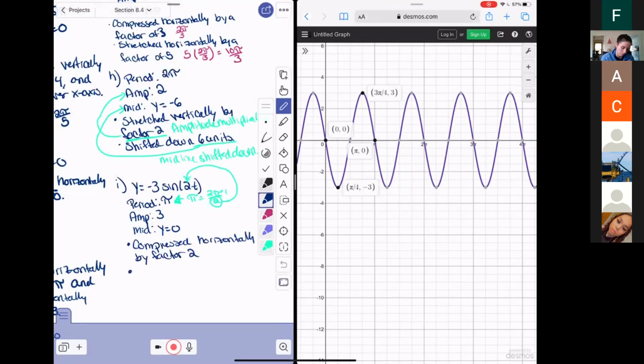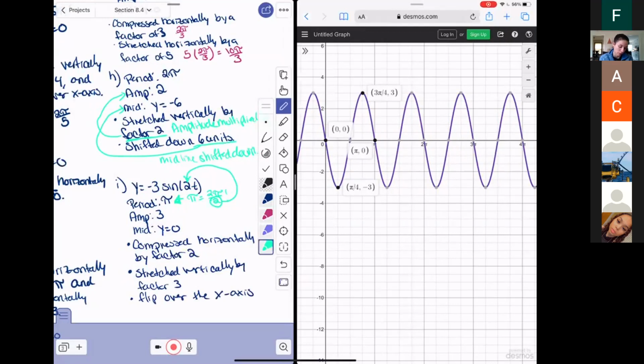What is happening to my output? It's being stretched vertically by a factor of 3. And lastly, we are flipping over the x-axis.